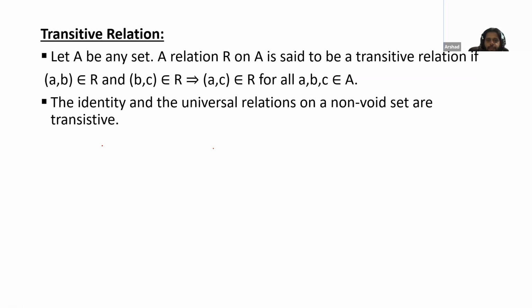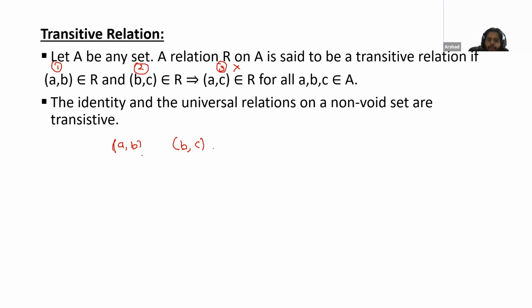When we will say that the relation is not transitive, suppose we have this relation R, with an ordered pair AB and a second ordered pair BC. We say the relation is not transitive when we have the first and second ordered pair, but the third is missing.